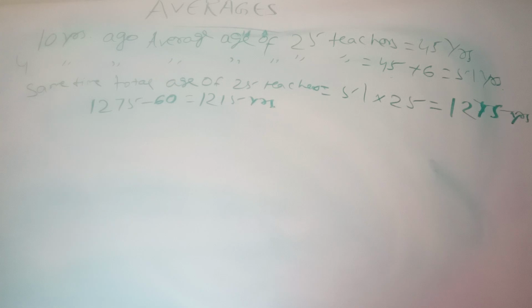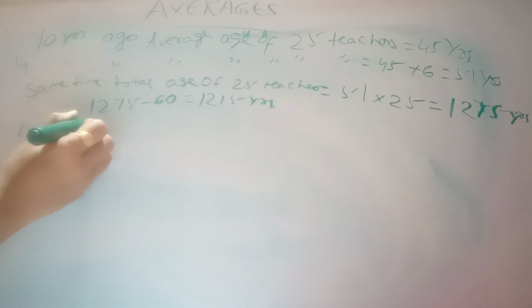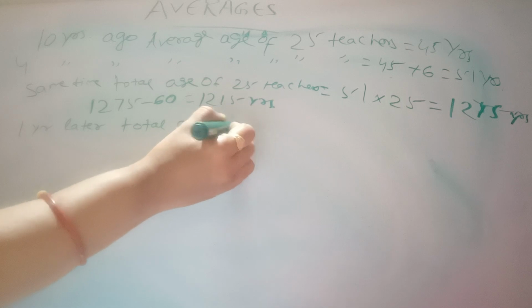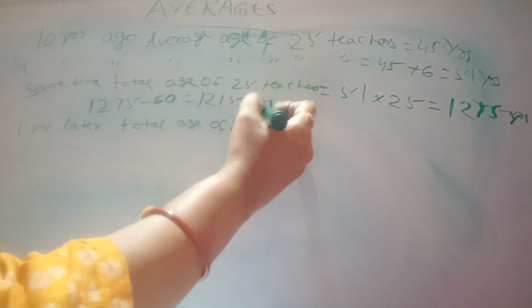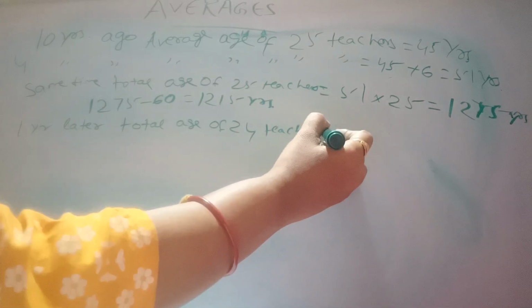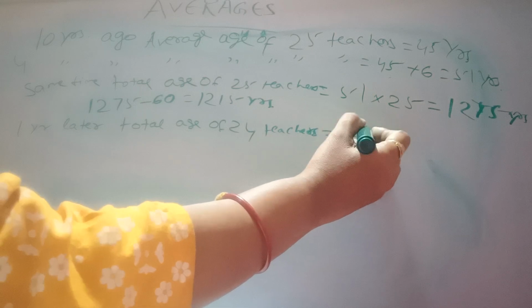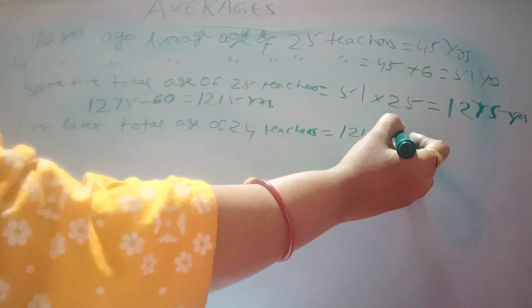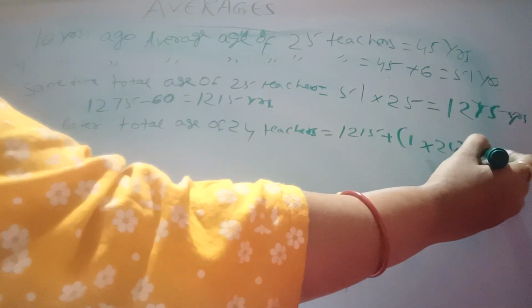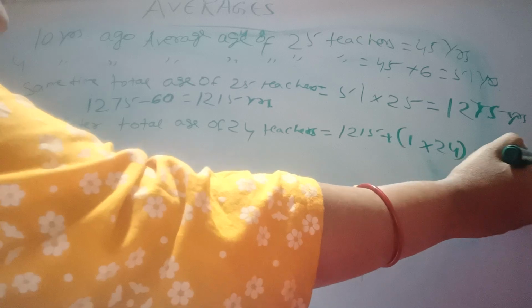1 year later, total age of 24 teachers will be 1215 plus 1 into 24 equals to 1239 years.